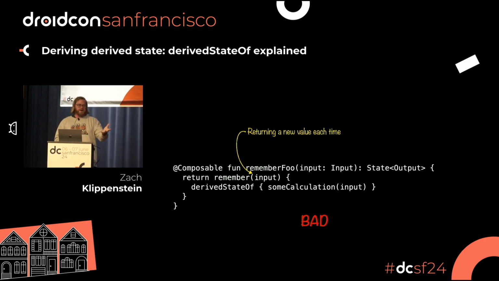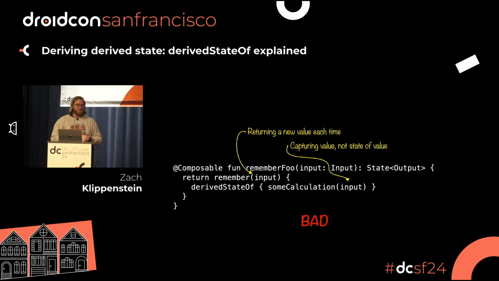And then you're using derived state because you're like, well, I'm converting an input to an output, so maybe I'm doing some calculation with it, so I need to use derived state because it's more efficient. Well, you're also just capturing the input value. So every time the input changes, you're creating a new derived state and capturing the thing, doing the calculation again, returning it. The next time the input changes, you're going to create another derived state. So you're actually not really remembering anything interesting. You're just returning a new state object every time.